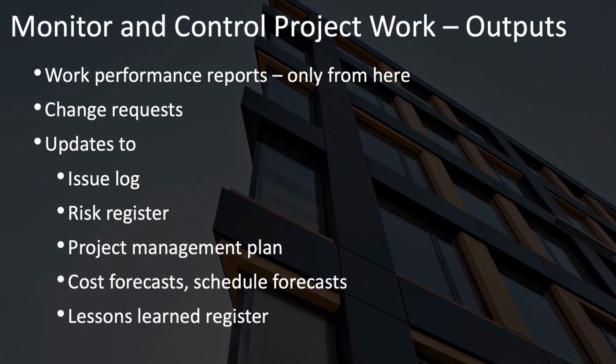Also, change requests to change things that need change control, and updates as a result of monitoring and controlling could include updates to or new issues discovered, risks, your project management plan, your cost and schedule forecasts, and of course any lessons you learn need to be put into the Lessons Learned Register.